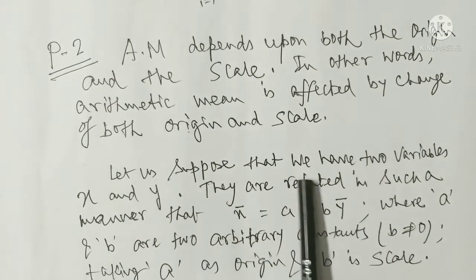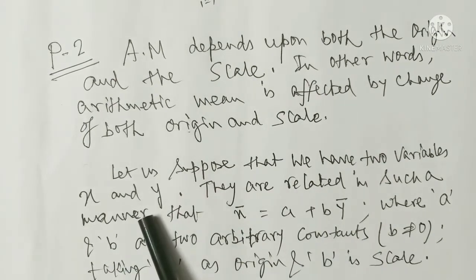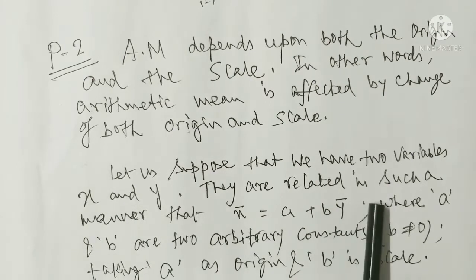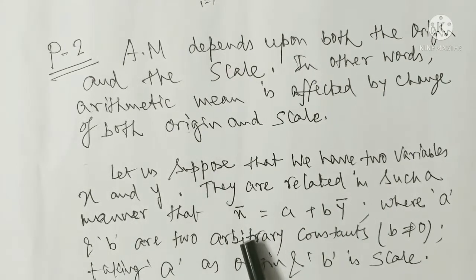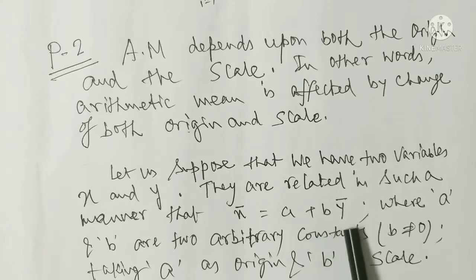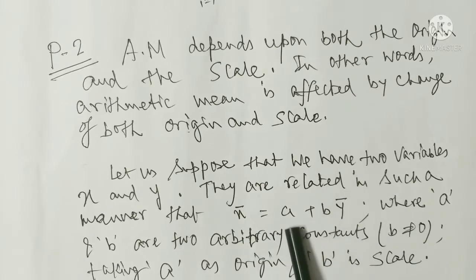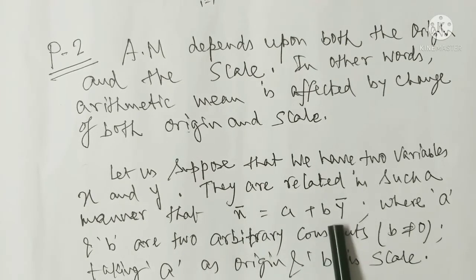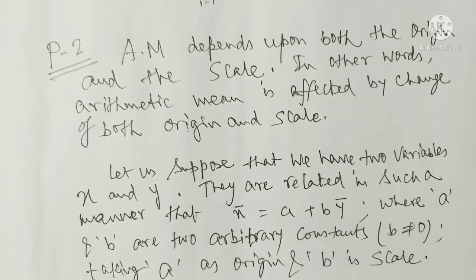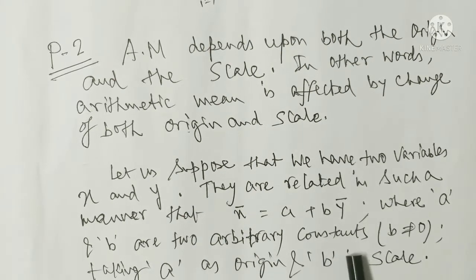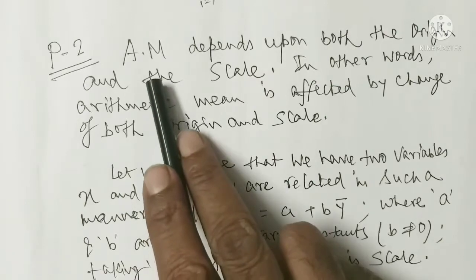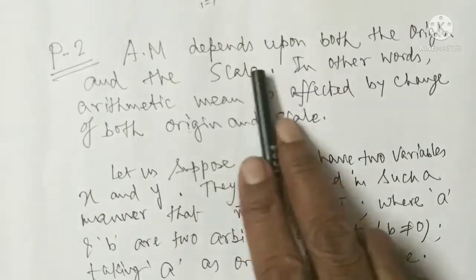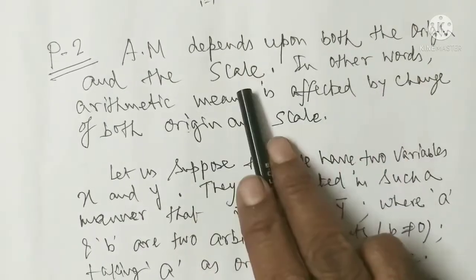Let us suppose that we have two variables x and y. They are related in such a manner that x bar equals a plus b y bar. Here a is called the origin and b is called the scale, where a and b are two arbitrary constants. Therefore, from property 2 we get that arithmetic mean depends upon both the origin and the scale.